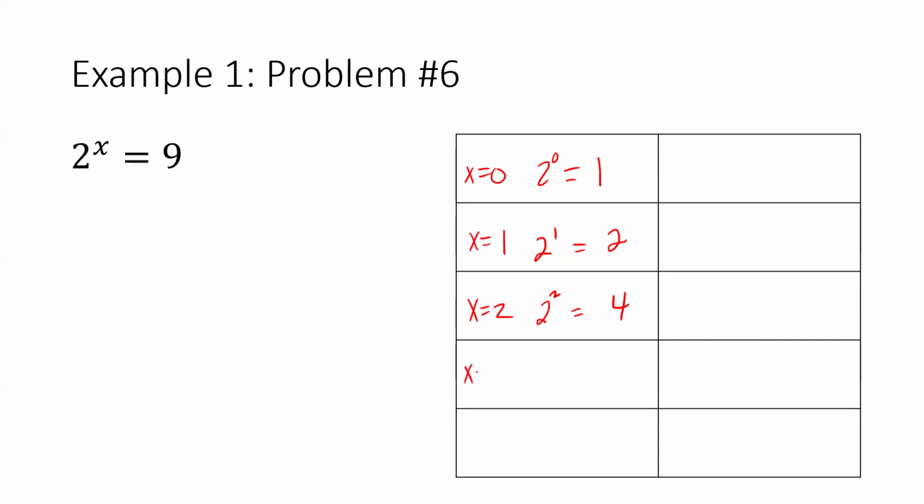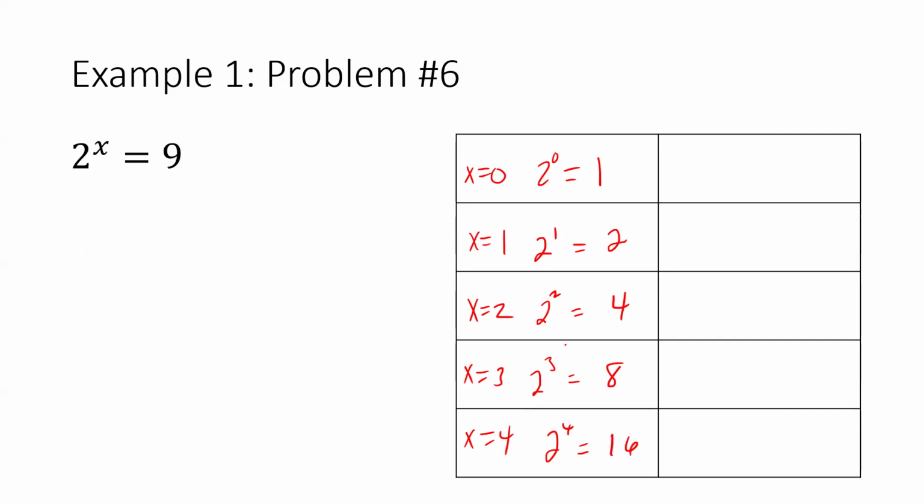Nope. If we let x equal 3, 2 to the third is 2 times 2 times 2, 8. Is that 9 yet? No. Now we're at x equals 4. So 2 to the 4th, what does that equal? 16.